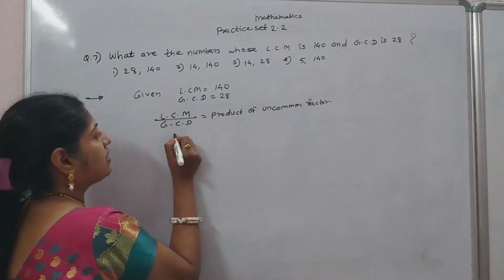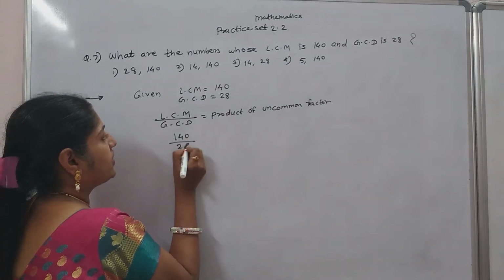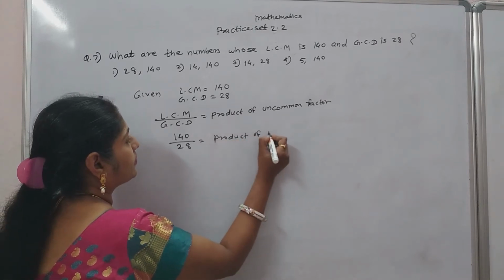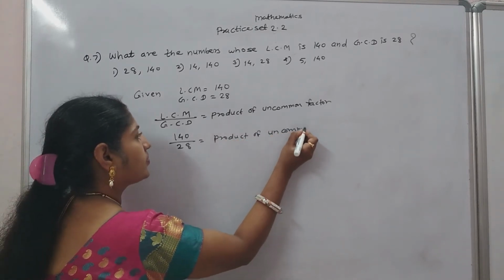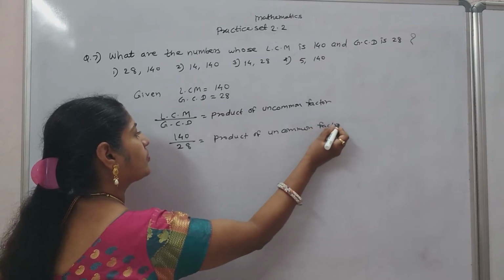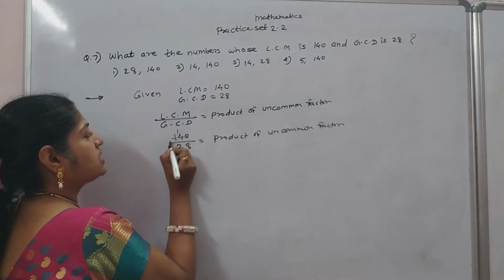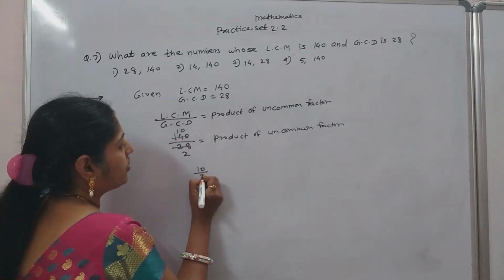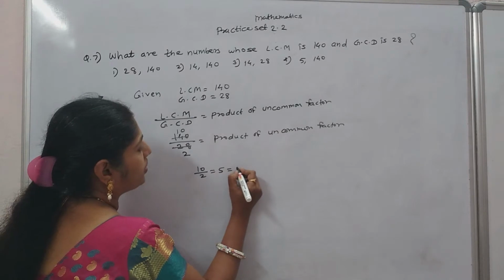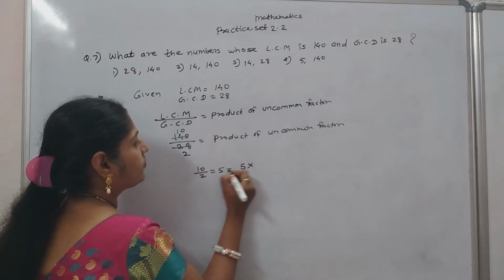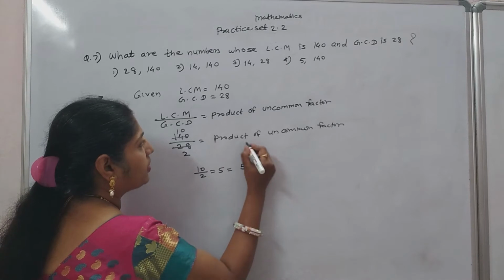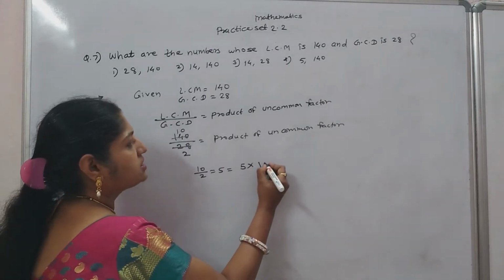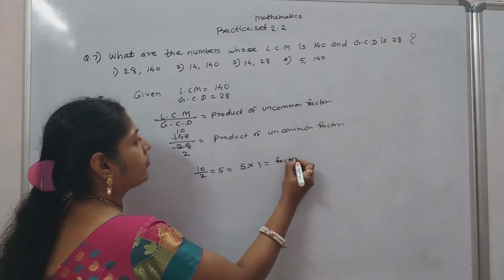Now write the LCM 140, the GCD 28 and the product of uncommon factors. 14 ones are 14, 0. 14 twos are 28. 10 upon 2, that is 5. So 5 equals the product of the uncommon factors of the two numbers. The factors of 5 are 5 into 1. These are the uncommon factors.